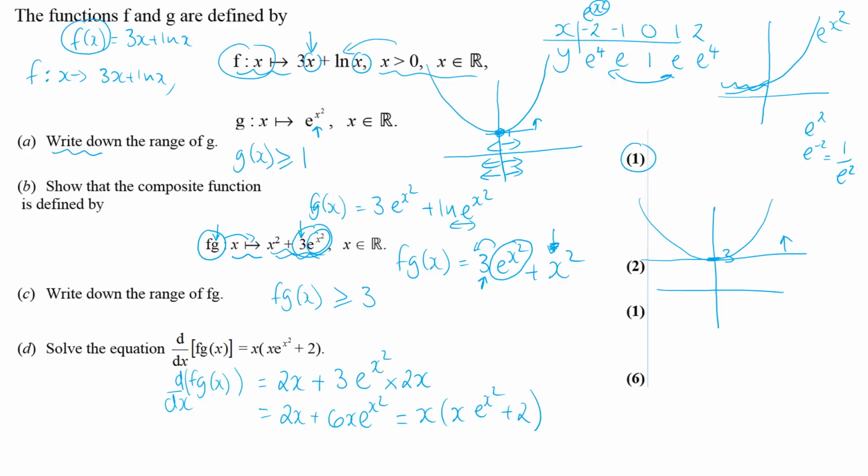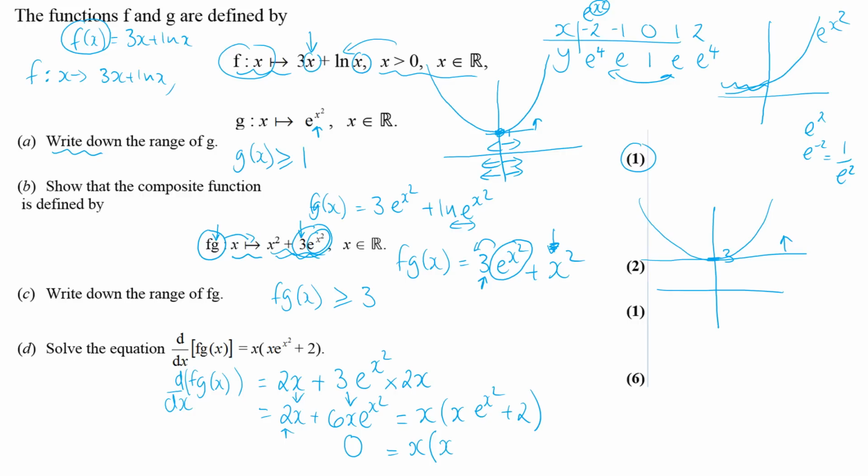Now your strategy when you're solving this sort of question is to get everything to one side and equal to 0, and I can see that these two terms here have a factor of x, so I'm going to put a 0 here and still have my x on the outside here, but then put these two terms inside the bracket because they're going to be multiplied by x as well.